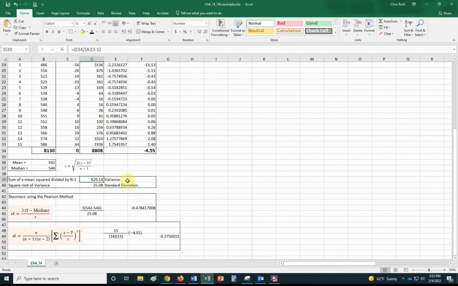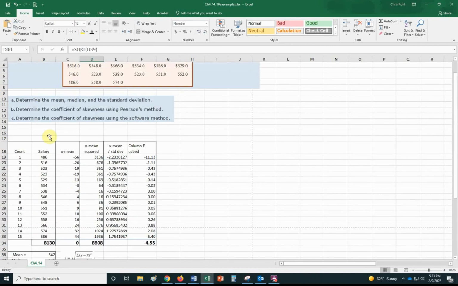That's the variance. The square root of the variance, which is a function in Excel, SQRT of D39 right up here, gives me 25.08. And that's the standard deviation. So that's how I got the standard deviation. Okay. That's what it asked for, determine the mean, the median, and the standard deviation.